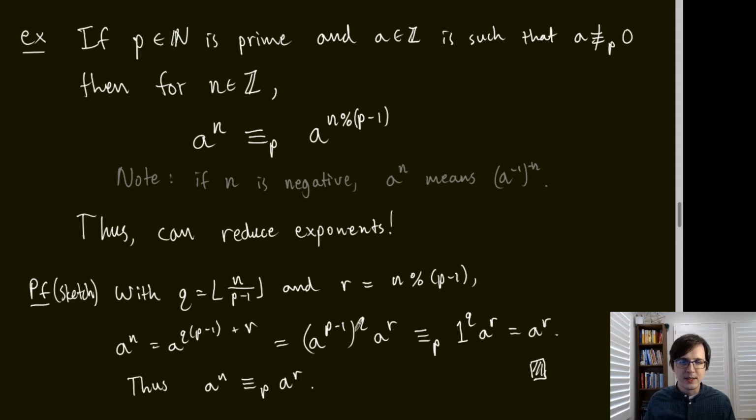And then the plus turns into a to the r. Then using Fermat's little theorem, because we assume that a is not 0 mod p, we can replace a to the p minus 1 with 1 mod p. And then 1 to the q is 1, right? So we get a to the n is congruent mod p to a to the r, which is the statement right there.